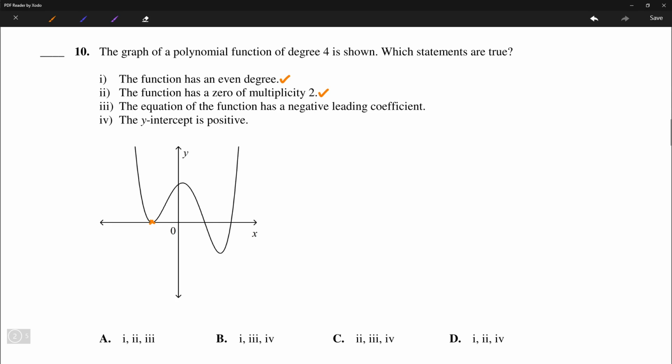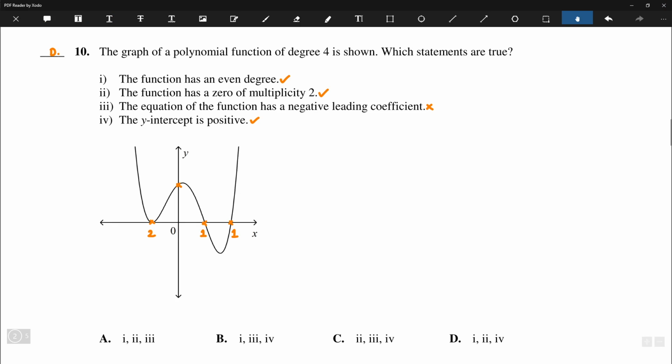So the multiplicities are 2 and then 1 and 1, which adds up to 4. Equation of function has negative leading coefficient. That is not true. If it was negative, it would be upside down. The y-intercept is positive. That is true. As we can see here, it is above the x-axis. So the statements that are true are 1, 2, and 4. So the correct choice here is D.